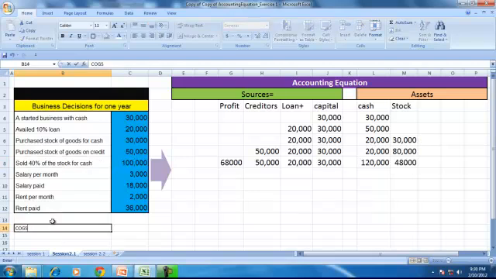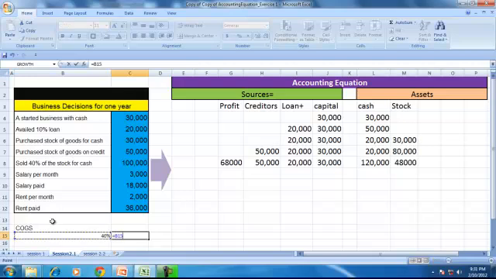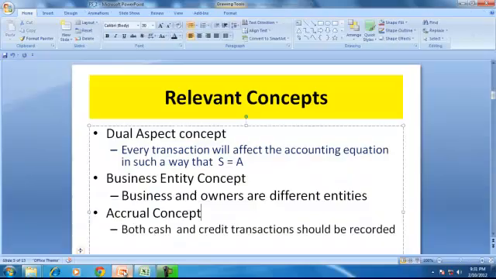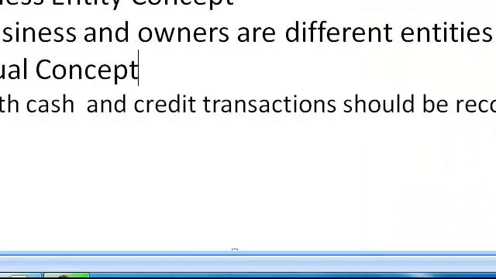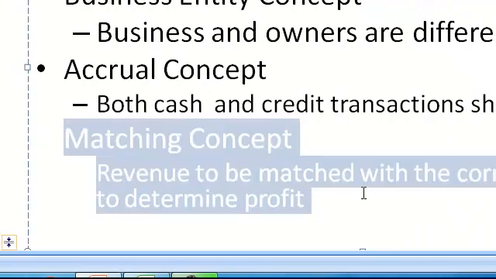As a working note, let me write down here. Cost of the goods sold is 40%, and that 40% is into 80,000, so 32,000. This is again backed by a concept called the matching principle, or the matching concept.